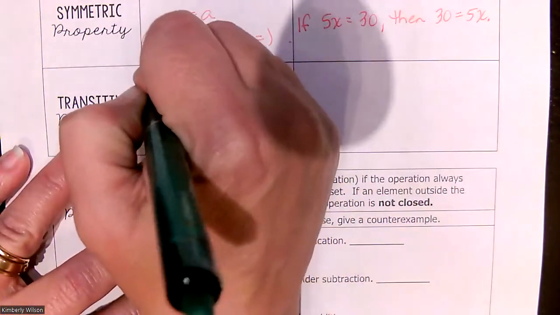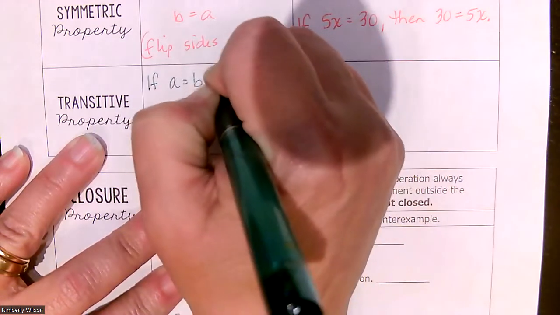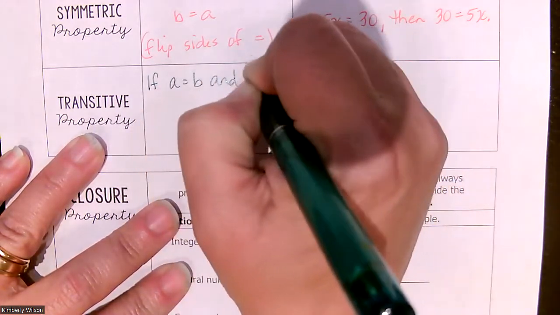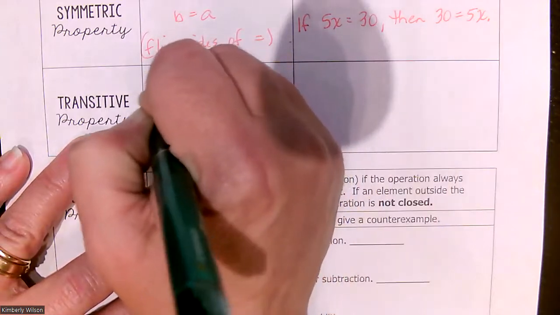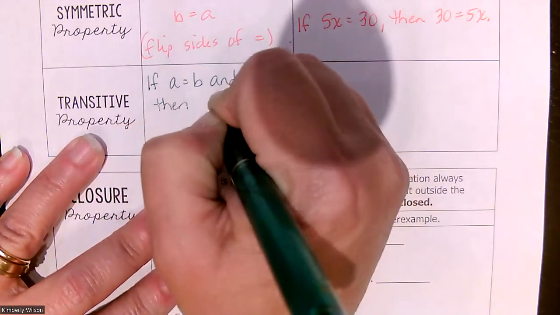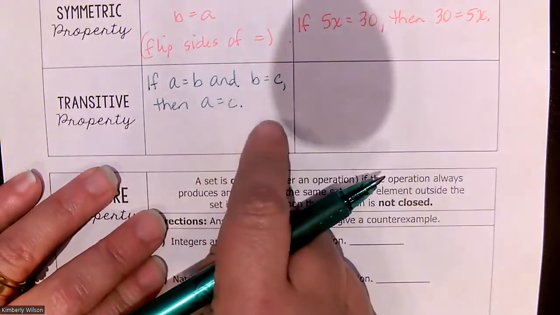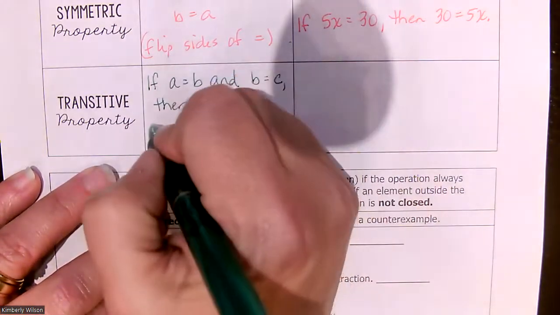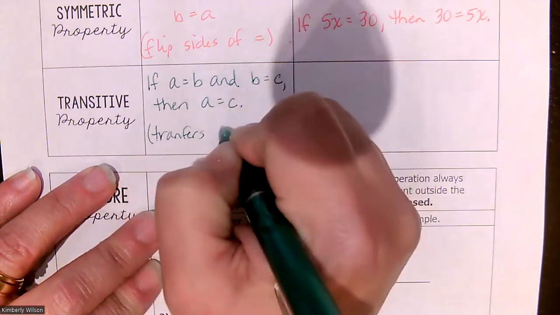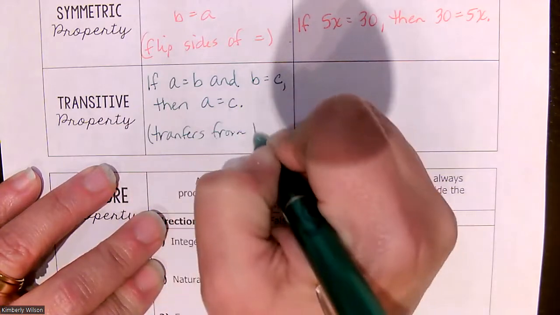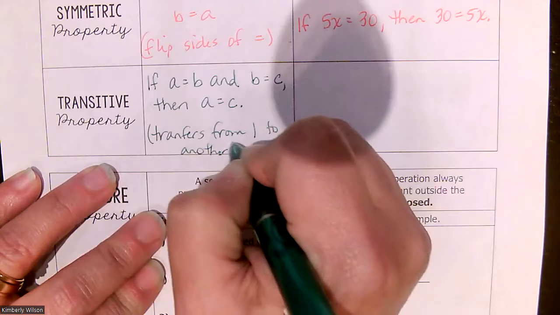This is if A equals B and B equals C, then A equals C. It's like it transfers from one to the other. So you could think of transfers from one to another.